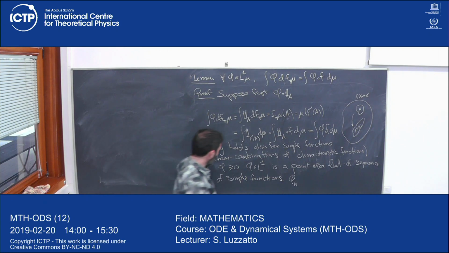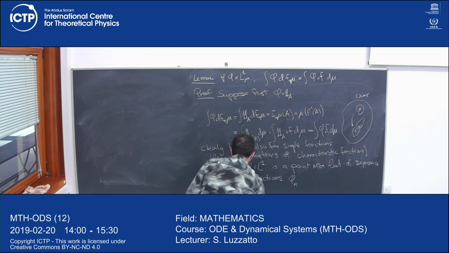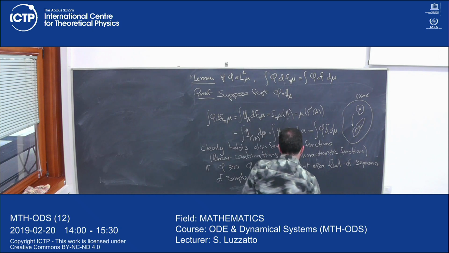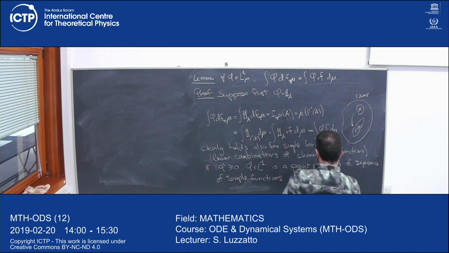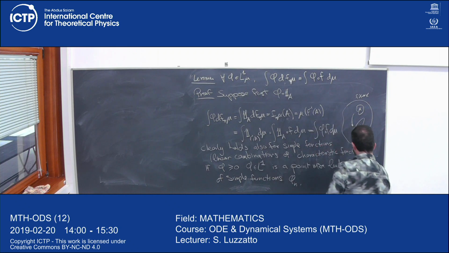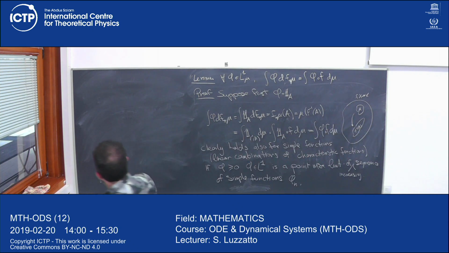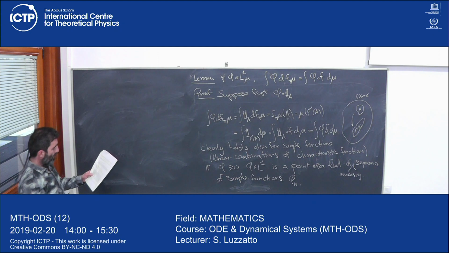So sorry, the sequence is increasing, in the sense that phi n plus 1 is larger than or equal to phi n at every step.